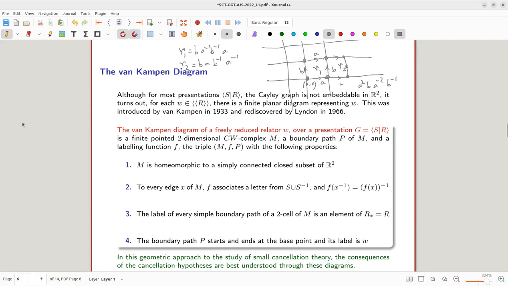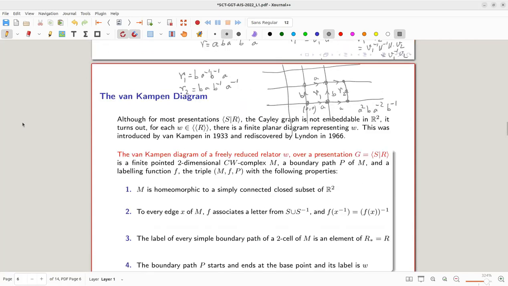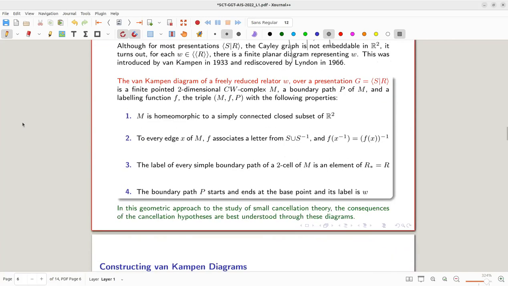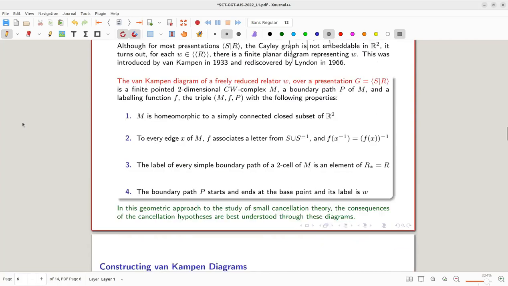Just like this, we had two cells here coming from the relators, and these two cells joined along this edge give us a diagram M corresponding to a freely reduced relator, which is this. So W is coming from this. So that is what we call a Van Kampen diagram.